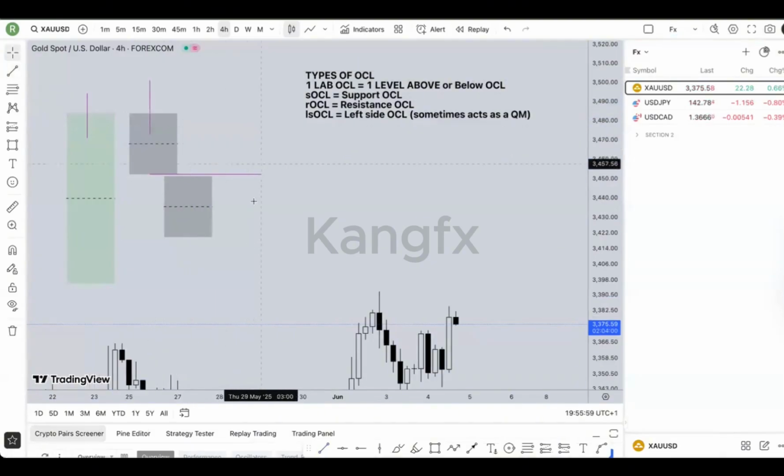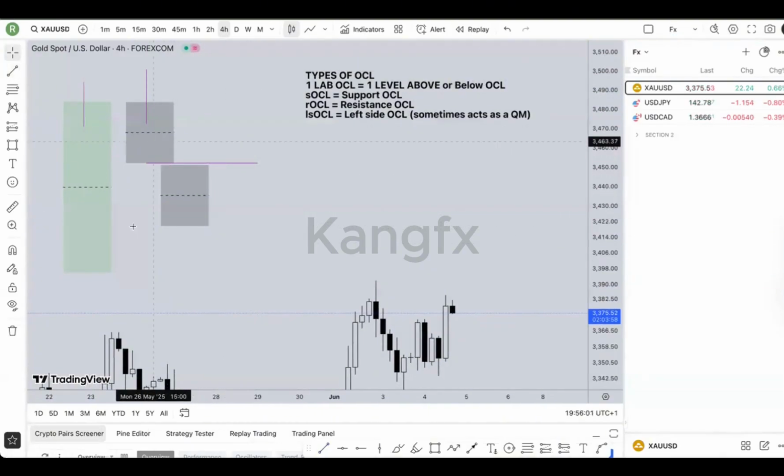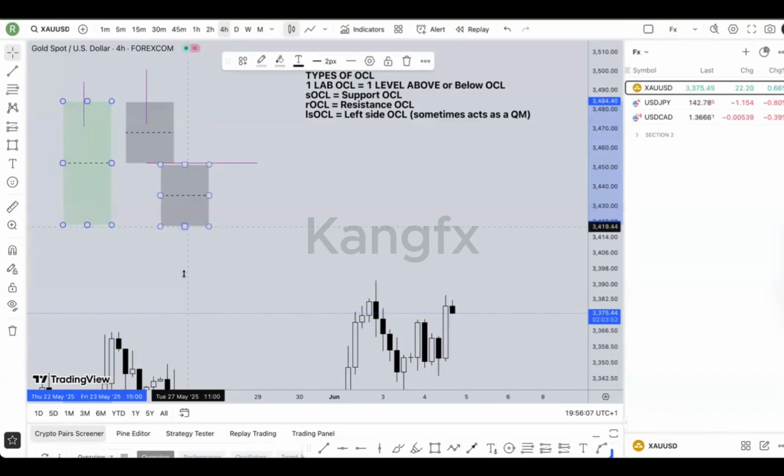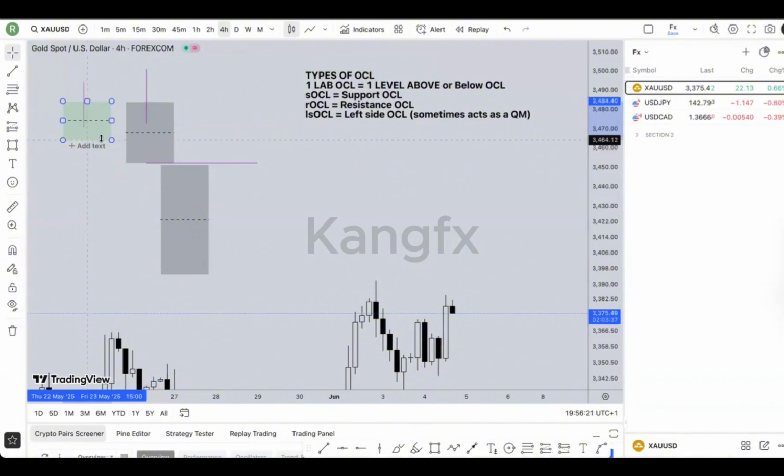It might happen like this also, and it's still valid. For the resistance OCL, the other green candle on the left-hand side must engulf it like this. If it happens like this, it is not a resistance OCL. This is a resistance OCL here.